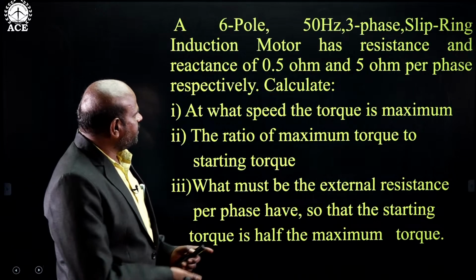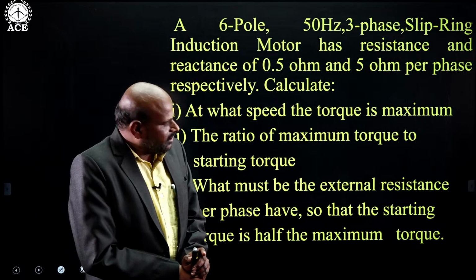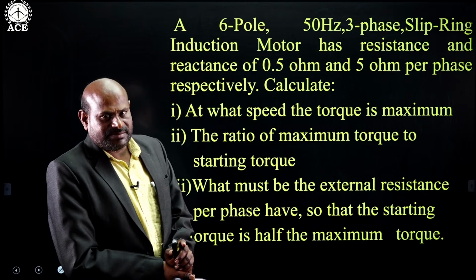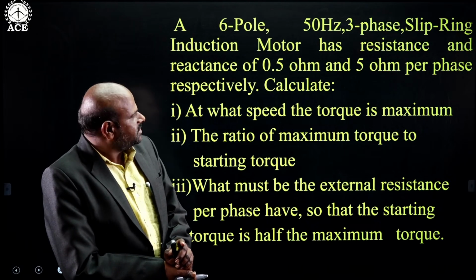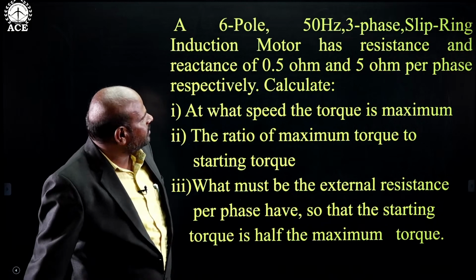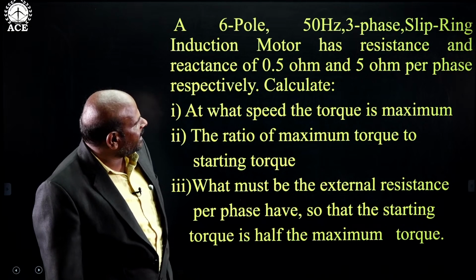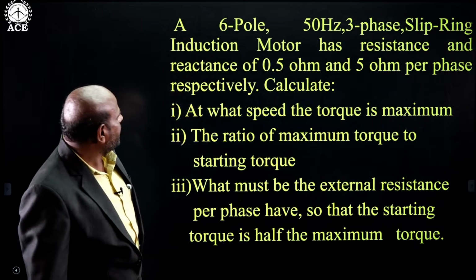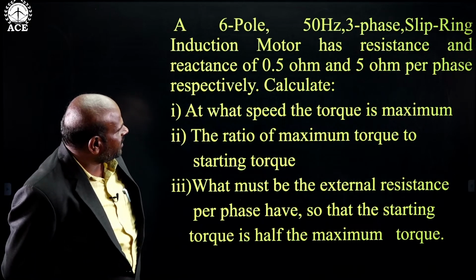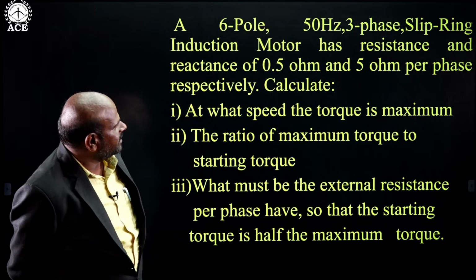So it is a very, very important problem. Just now we have derived the relationship between full load torque and maximum torque, and starting torque and maximum torque. So a question may be asked like this. A 6-pole, 50 Hz, 3-phase slip ring induction motor has resistance and reactance of 0.5 ohm and 5 ohm per phase respectively.